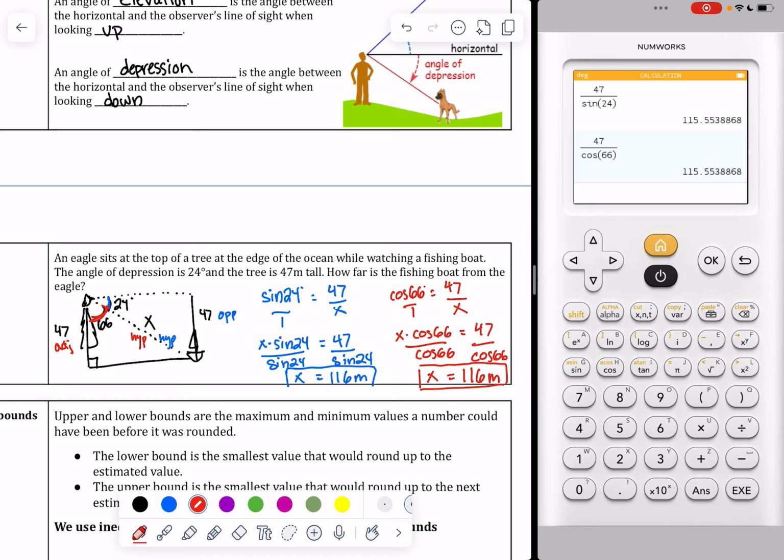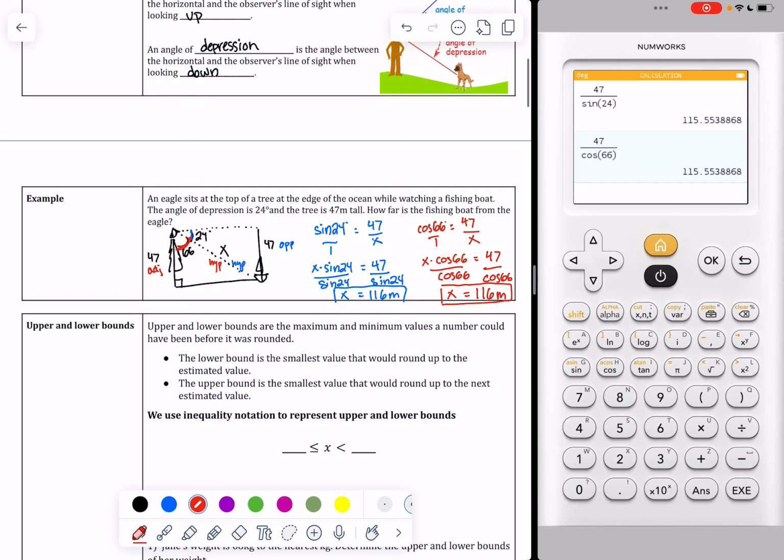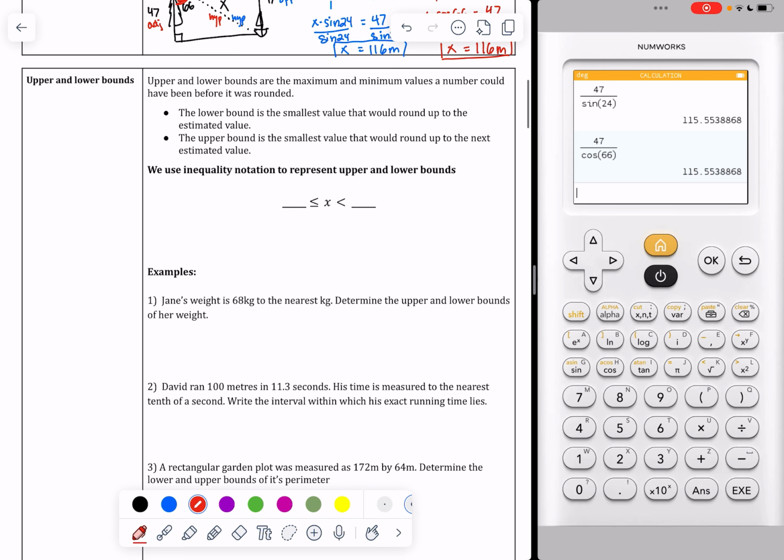All right, so what we've got next here is switching gears a little bit into upper and lower bounds. Upper and lower bounds help us figure out what numbers a number could have started at for us to round it to a specific value.